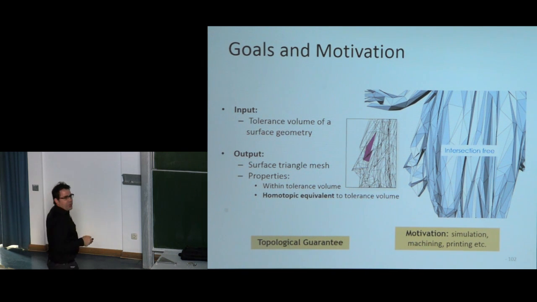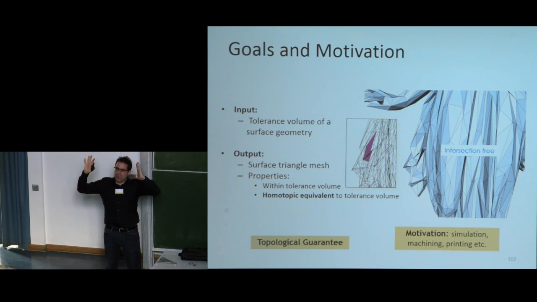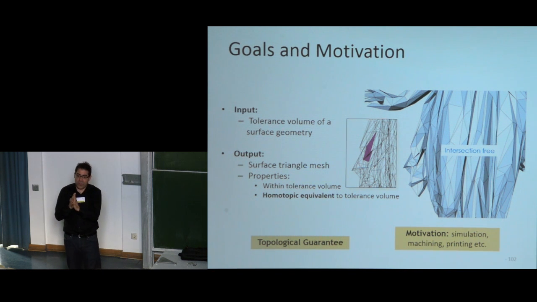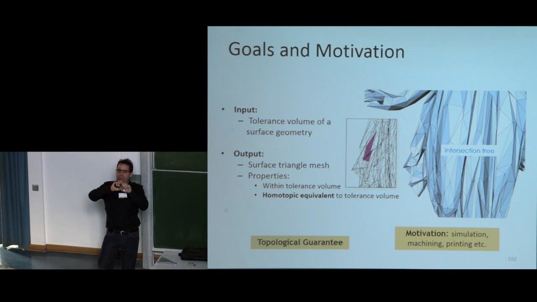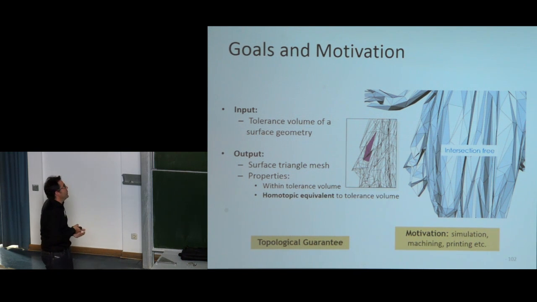Homotopic equivalent to the tolerance volume. What does it mean? It means I could take the tolerance volume and shrink it, deforming it to the triangle mesh, such that at all steps I can define a valid deformation. So think of the difference between a double torus that is knotted versus not knotted. One could not deform it without crossing its shaft.